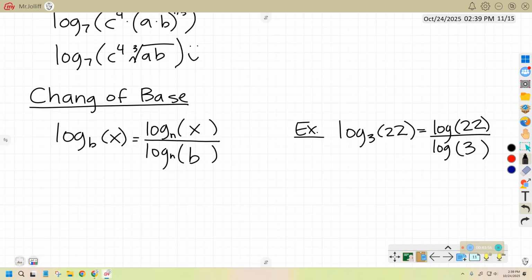You're going to grab your calculator and evaluate that for me. I'm going to do it too. Make sure you close the parentheses of the log on top before you hit the division button.